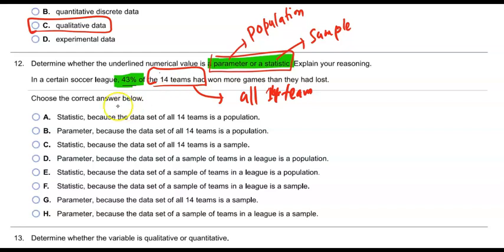So this is the numerical summary of a population, 43% of all 14 teams. So 43% represents a parameter, because this data set of all 14 teams is the population. Okay, so the number 12 answer is parameter, because the data set of all 14 teams represents a population.